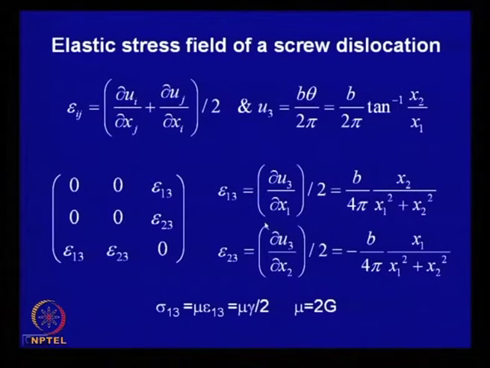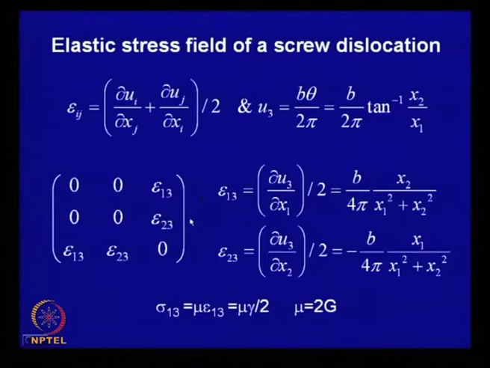You can do this leisurely, but I have written this expression over here, and it shows a large number of components. This is the full strain picture, the strain at that point.